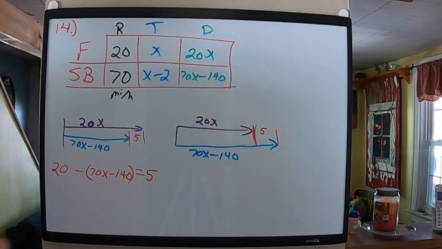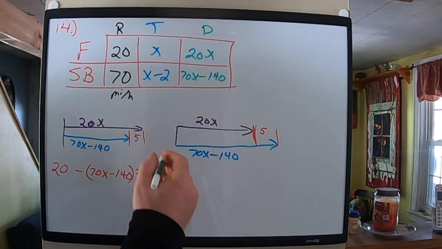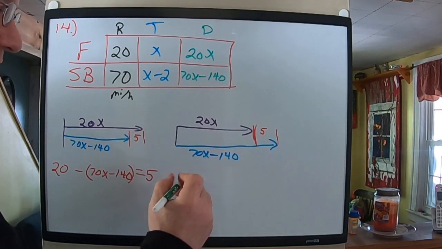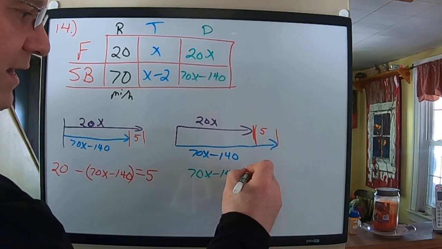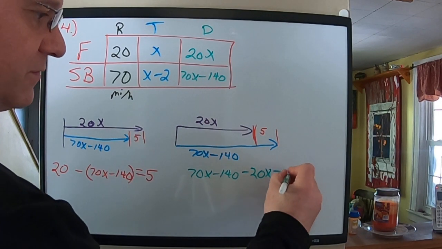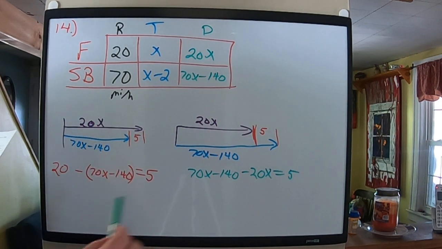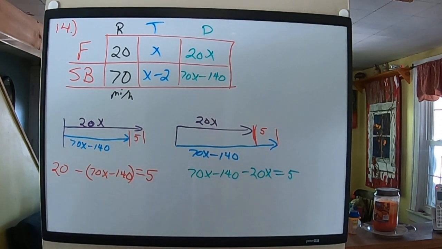And notice this time, the setup for the equation, this is the longer value. So this minus this equals 5. So 70x minus 140 minus the 20x equals 5. Or we could have done the, setting them equal to each other and saying this plus 5 equals 20x and this plus 5 equals the 70x minus 140. Same difference. Okay, let's solve these and get our final answer.